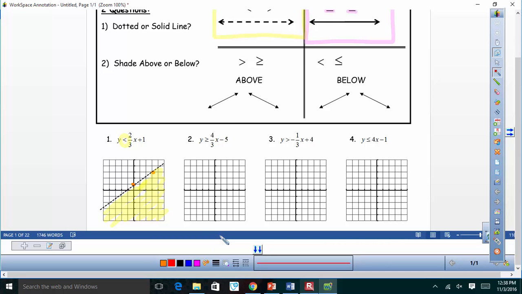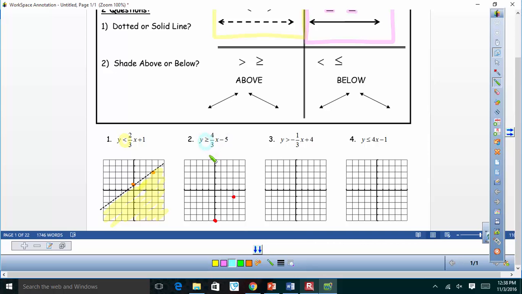So number 2, our y-intercept is -5. So we're going to go down 5, put a point. Then we're going to go up 1, 2, 3, 4, and to the right 1, 2, 3, since our slope is +4 over +3. Now looking at the sign, is it open? Not open or closed dot.